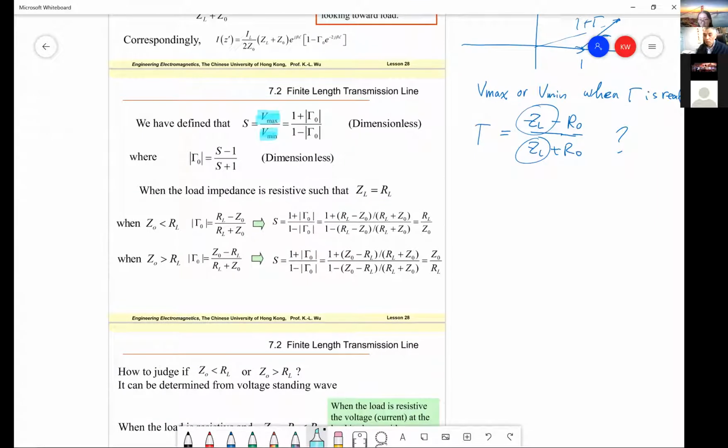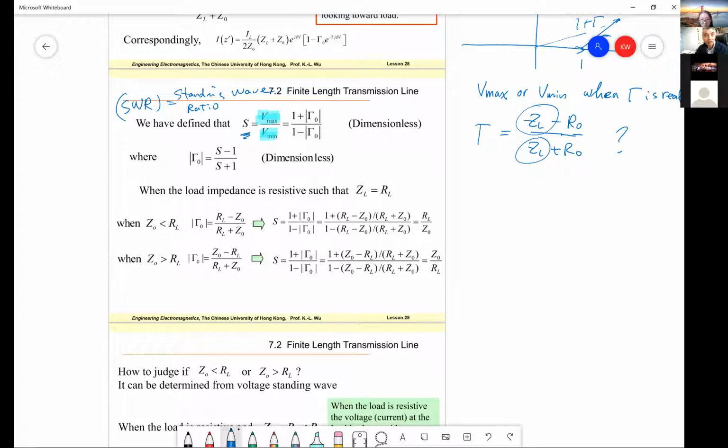And we define a very important parameter we call the standing wave ratio, or SWR, or S. This is how it is defined.